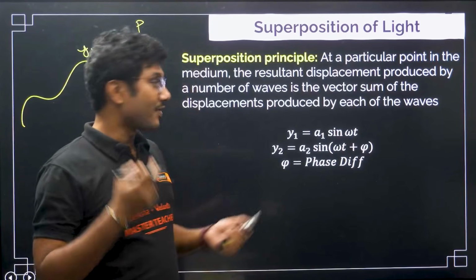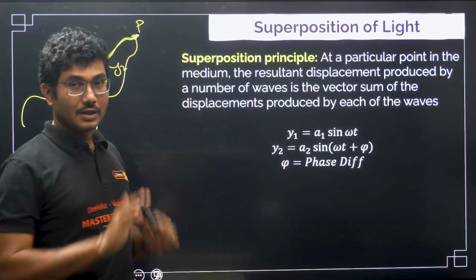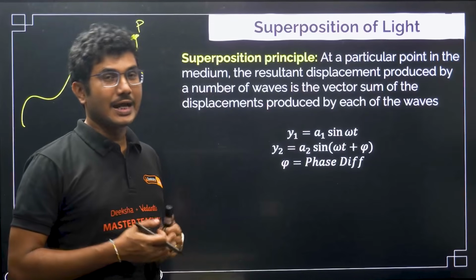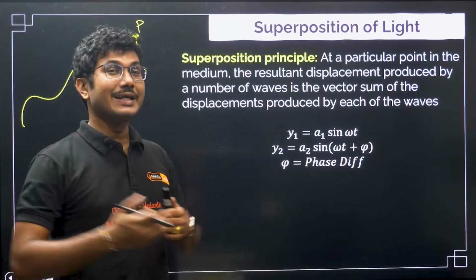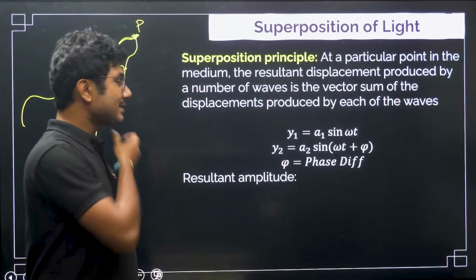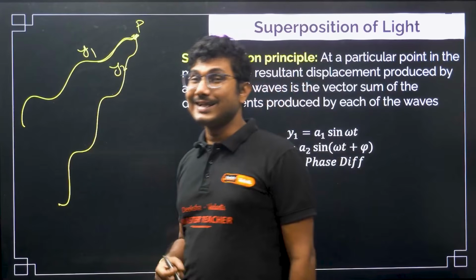In that case phi is not constant, so it will not be coherent light. Generally, whenever we consider superposition or light interactions, the sources are considered to be coherent. And once they meet at this point, what is the resultant intensity?